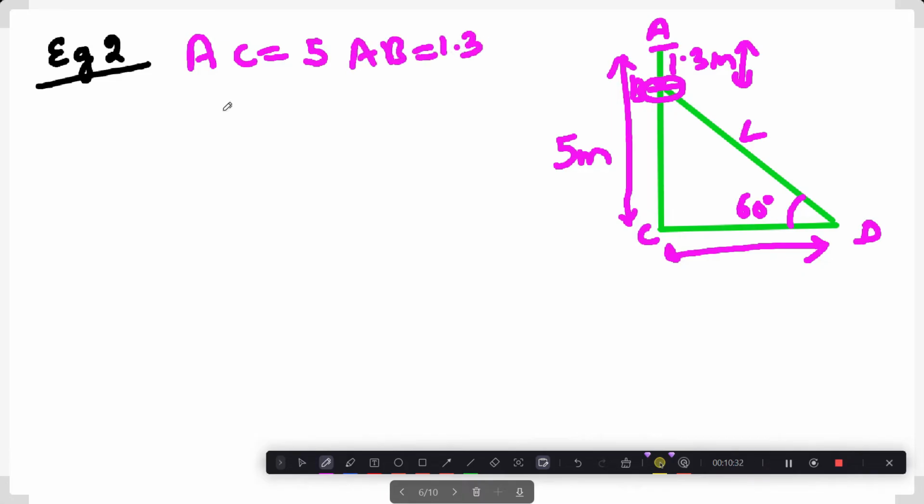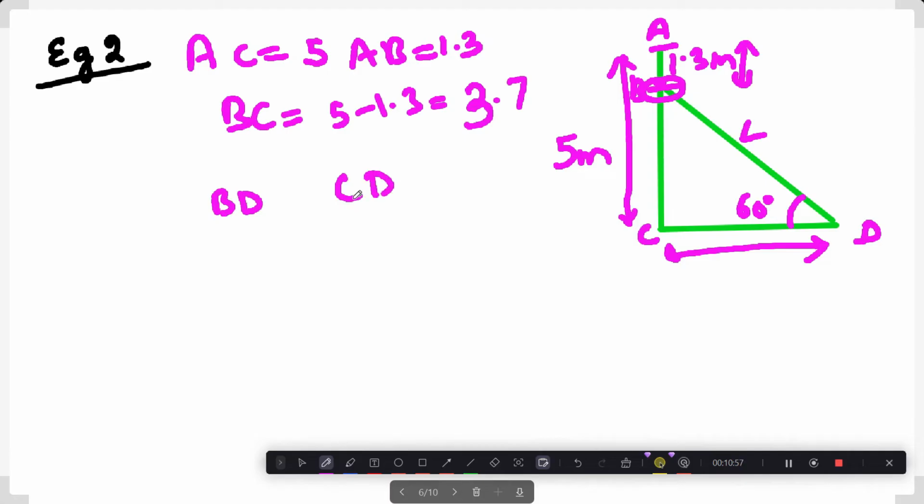That's what's been given. So what is BC? 5 minus 1.3, which is 3.7, right? Now we need to find out BD and CD.